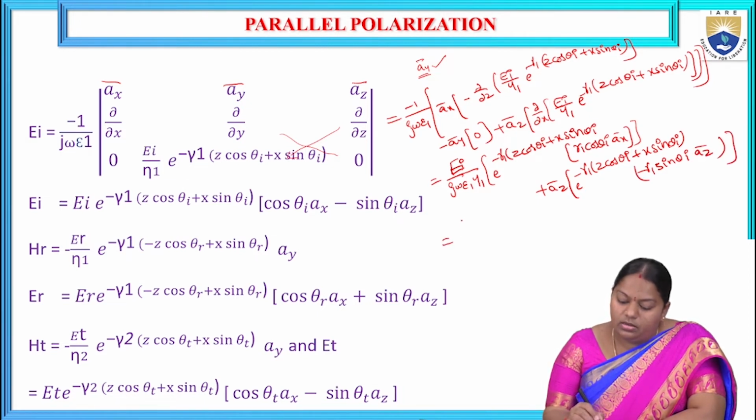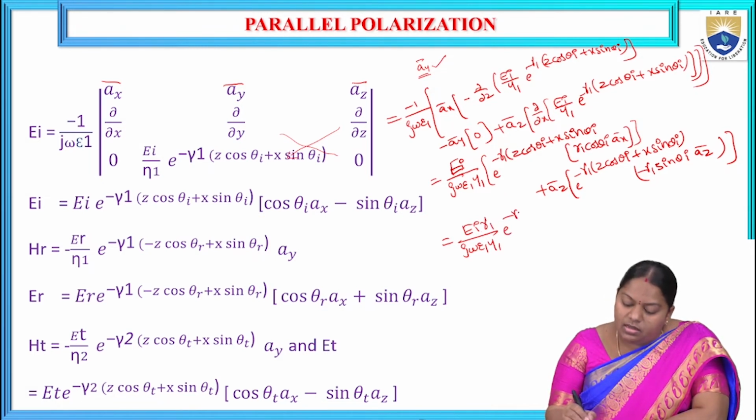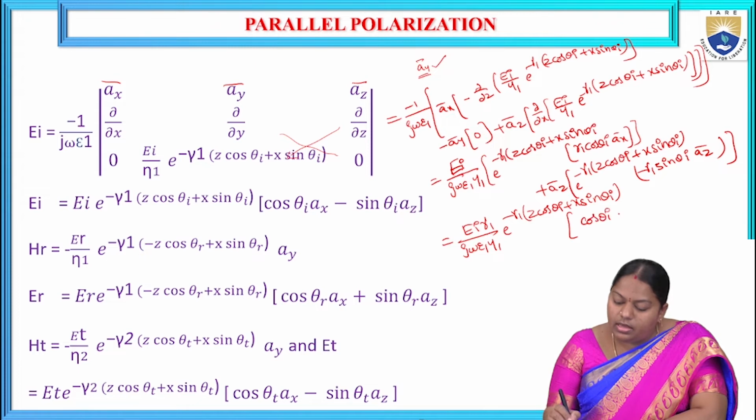Then in between Ei by j omega epsilon 1 eta 1, gamma 1 is also common, then e power minus gamma 1 (z cos theta I plus x sin theta I) as common, and remaining is cos theta I ax minus sin theta I az.